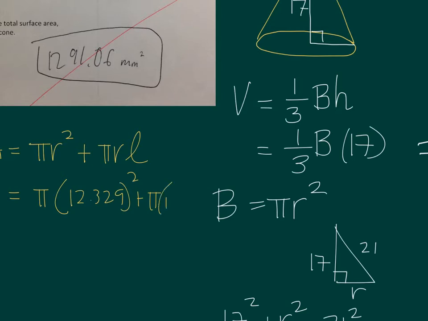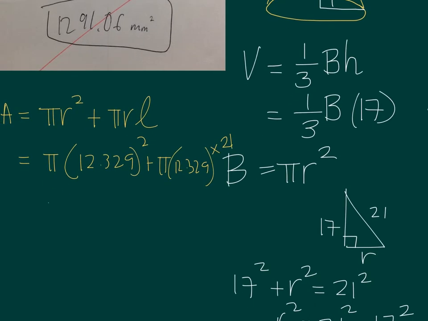Again, the radius is still 12.329, and then times the l. L is the slant height, and the slant height is 21. Then we perform this computation in the calculator.